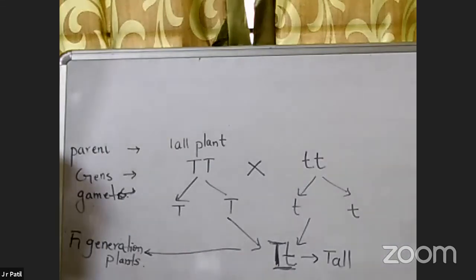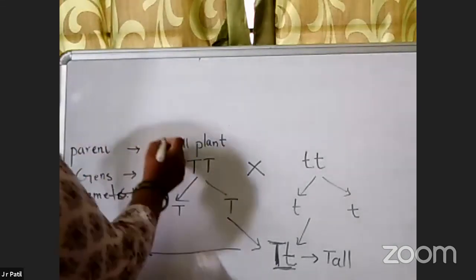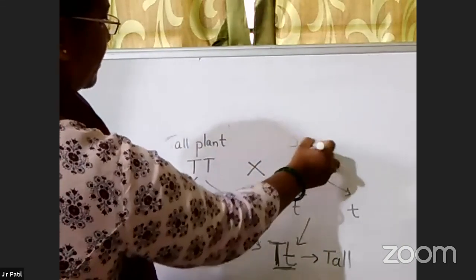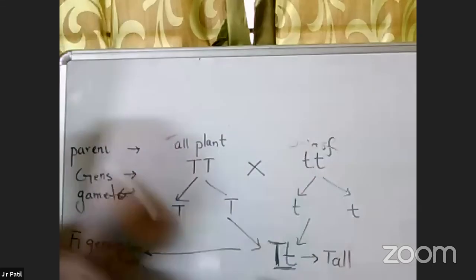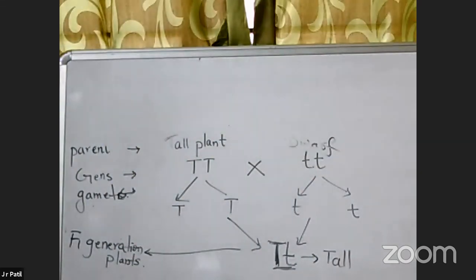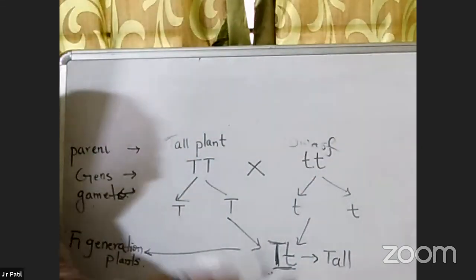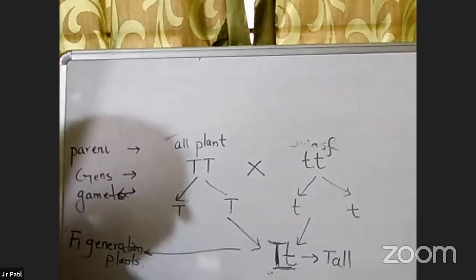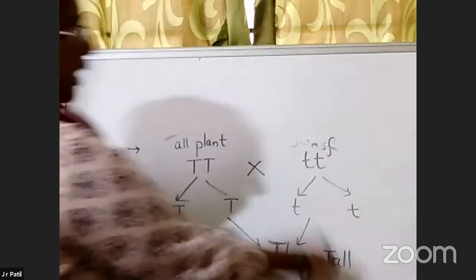Now, after this, what Mendel did is first he cross-pollinated one tall plant with one dwarf plant, right? Then, when he got the F1 generation plants, he left them for self-pollination. After cross-pollination, all the F1 generation plants he gets are tall plants.